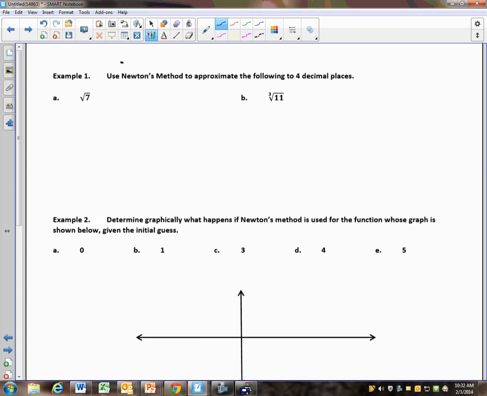It says use Newton's method to approximate the following to 4 decimal places. Okay? So we have to get it right to 4 decimal places. Okay? In order to do that, I'm going to write down Newton's method. Newton's method says, right at the top, x sub 1, my new guess, is equal to my initial guess minus f of x sub 0 divided by f prime of x sub 0.